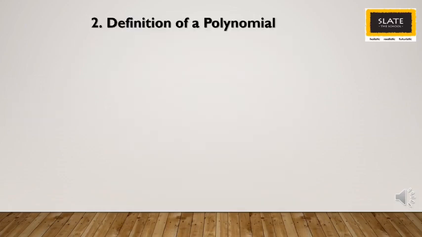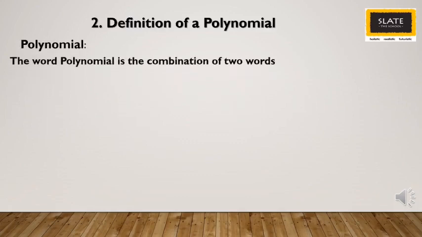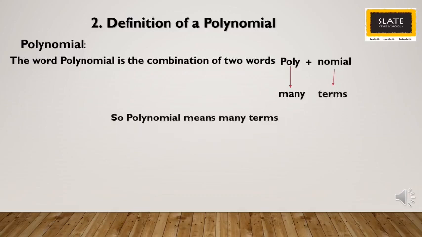Before going to define polynomial, let us know about the word polynomial. The word polynomial is the combination of two words, poly plus nomial. Poly means many, nomial means terms. So, the meaning of the word polynomial is many terms.